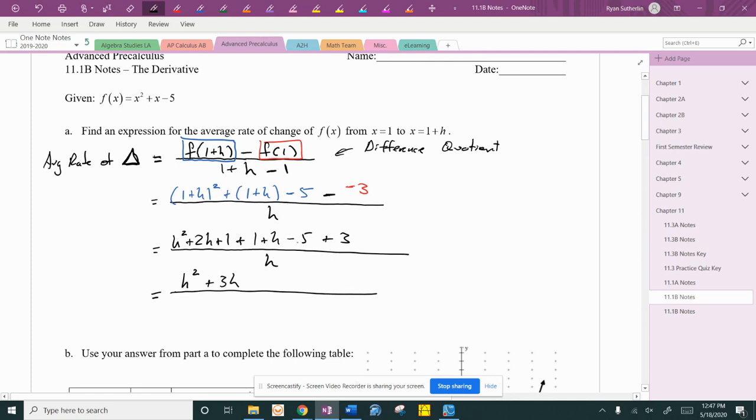The 1 plus 1 minus 5 plus 3 all goes away, and I still have this all over h. Since everything has an h, we can simplify to h plus 3. So this is a representation for the average rate of change between any 2 points of this function, as long as my first point is 1. The average rate of change is whatever the difference between the 2 points is, plus 3.